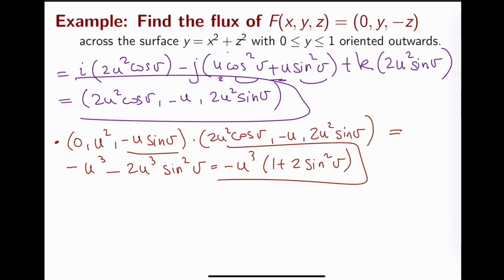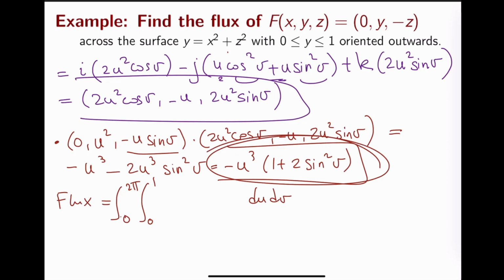And then the flux is going to be equal to the integral from 0 to 2 pi, that was the variation of the v, of the integral from 0 to 1, this was the variation of du, and the function that we have to integrate is this one. So that will be minus u cubed times 1 plus 2 sine square of v.